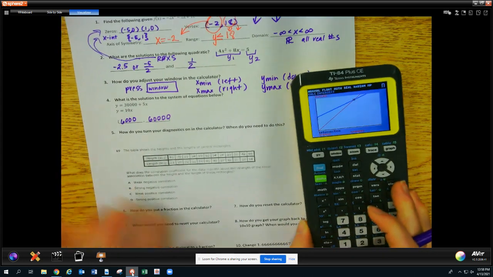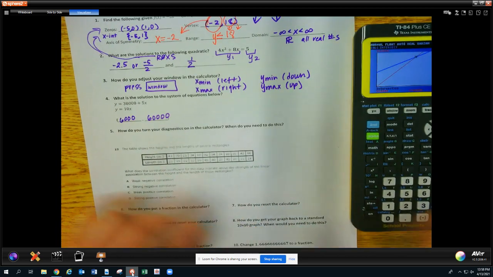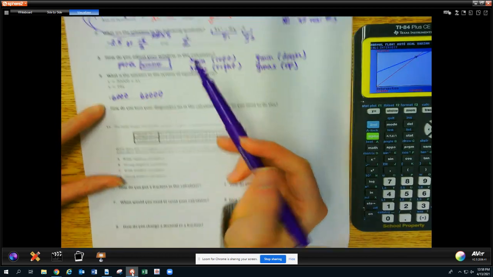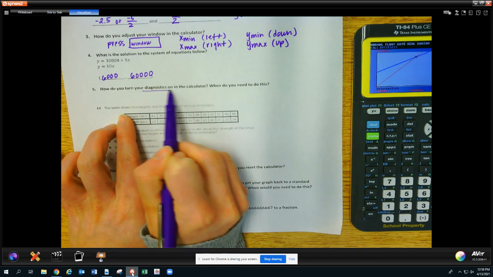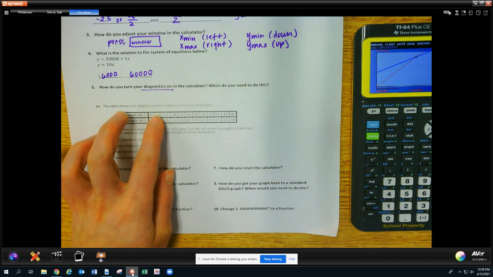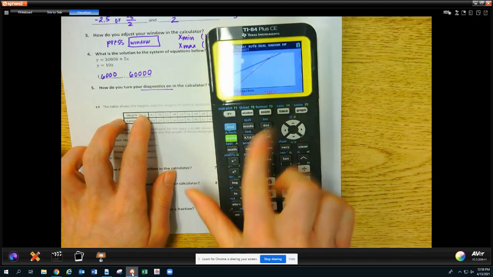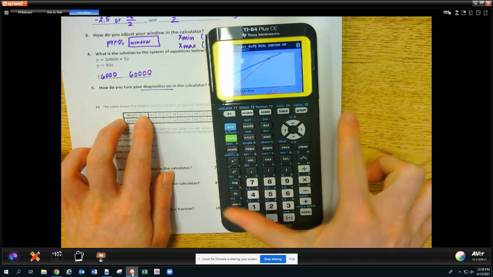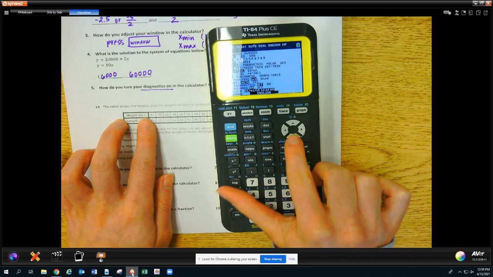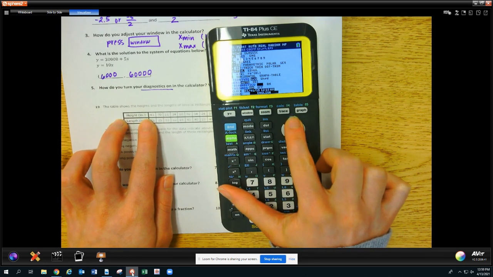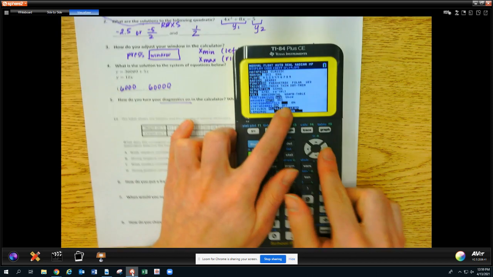Okay, and so that's probably the ugliest thing you'll have to do. Okay, the next thing we need to remember how to do is turning the diagnostics on your calculator. You press mode and scroll down to stat diagnostics, and the default is always going to be off.